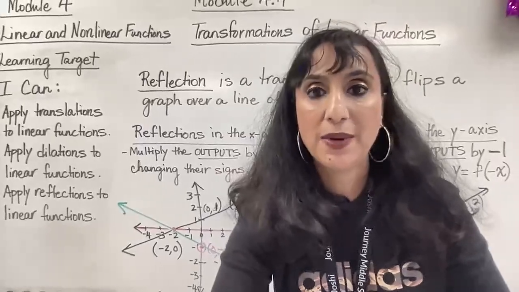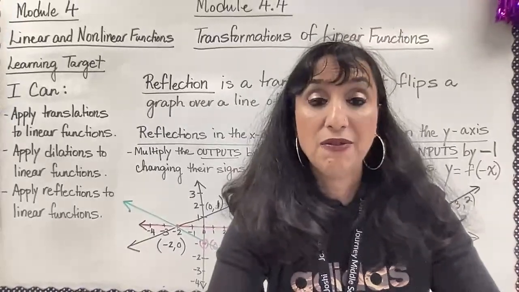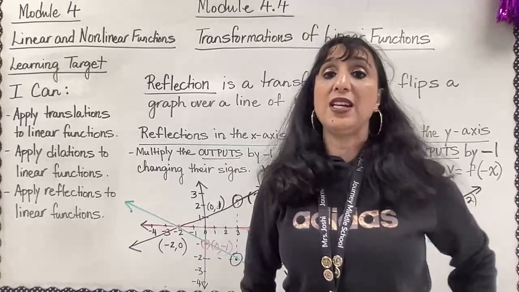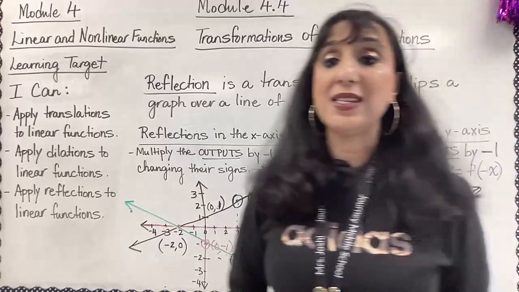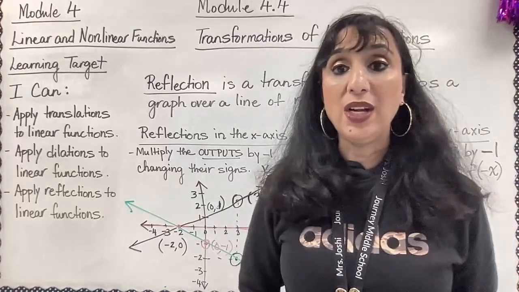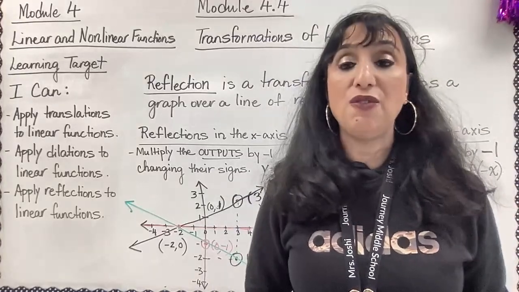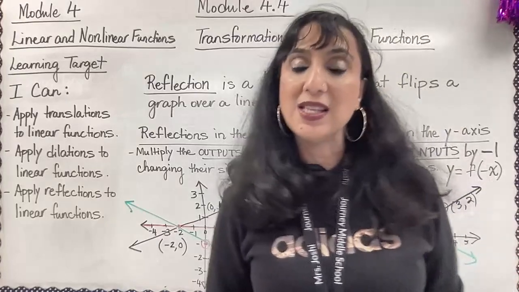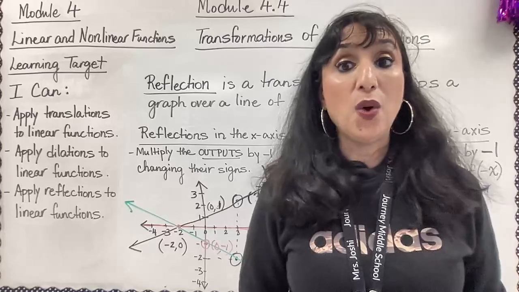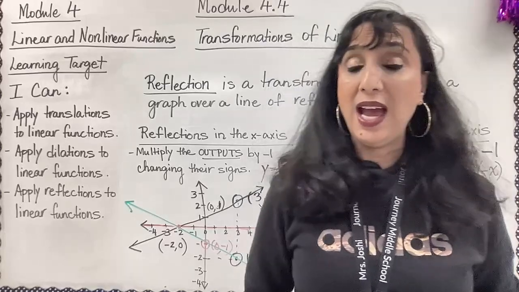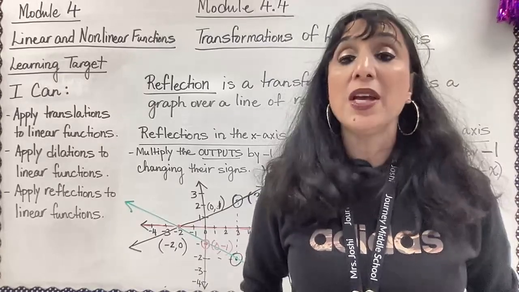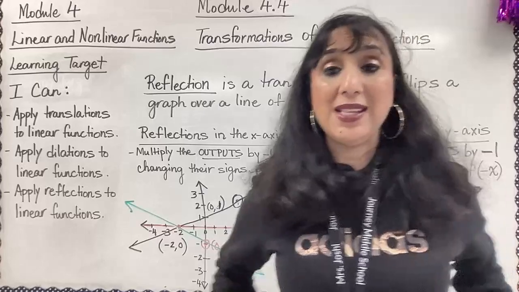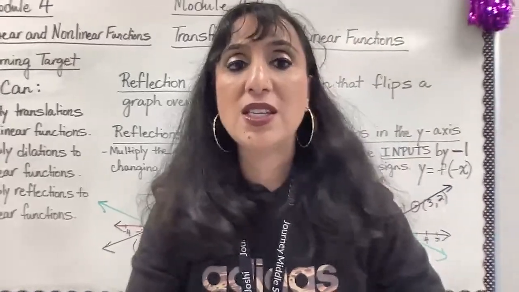So just remember that if it is being reflected over the x-axis, my x coordinate stays the same and the y coordinate sign is reversed. If it is reflected across the y-axis, the y coordinate stays the same and the x coordinate sign is going to be reversed. Okay, so that basically concludes transformations.